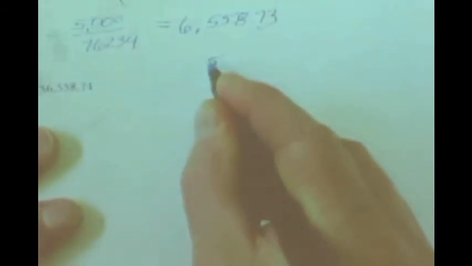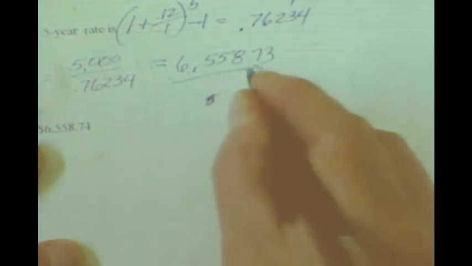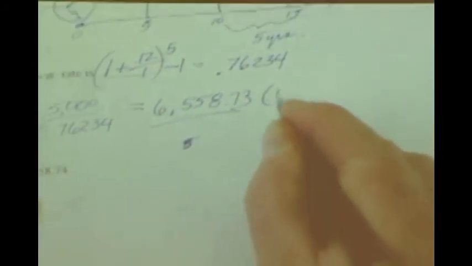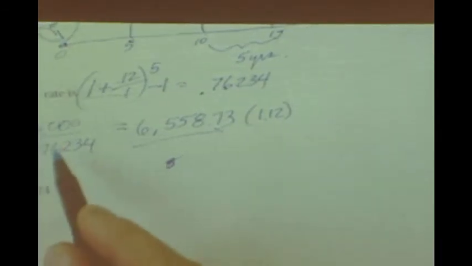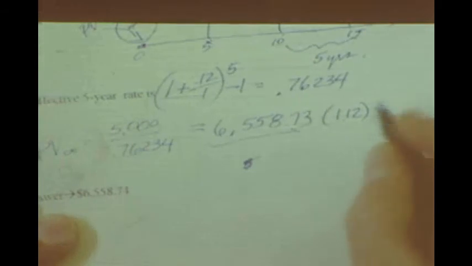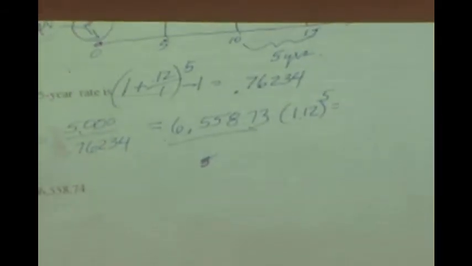And to satisfy yourself of that, let's just see. Let's suppose we had $6,558.73. We put it in this bank account, 12%, compounded annually. And 5 years later, what would we have?